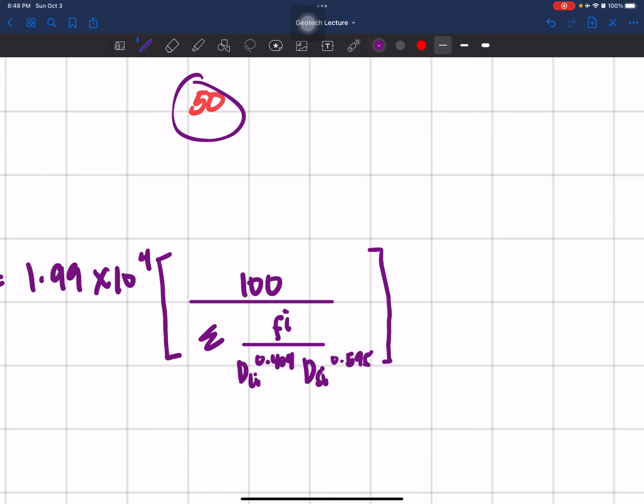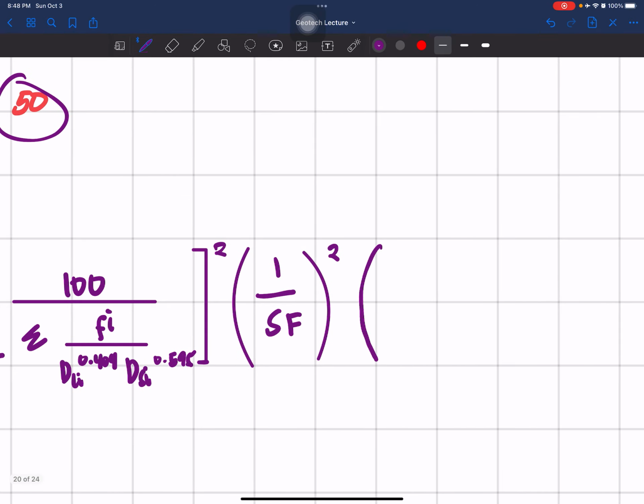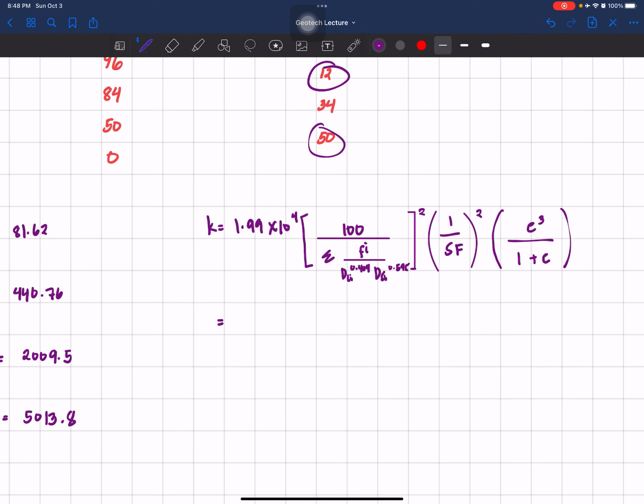Ayan, ito siya. And then multiplied by 1 over SF squared multiplied by yung mga void ratio na, e cubed all over 1 plus e.